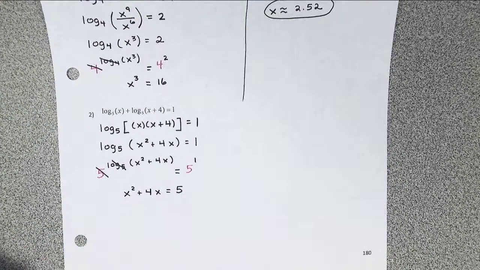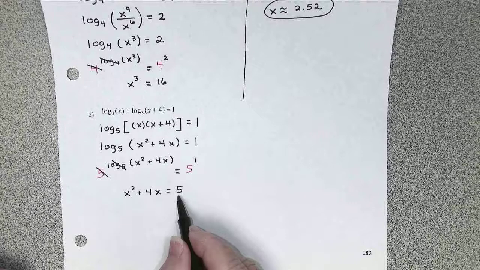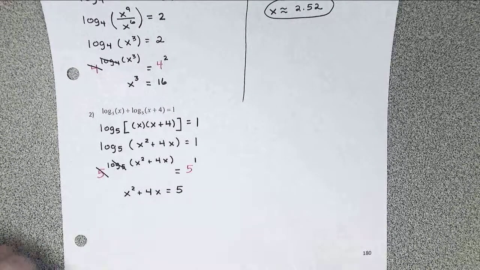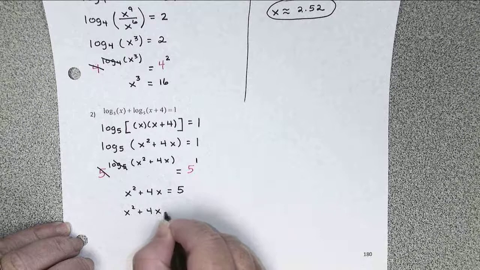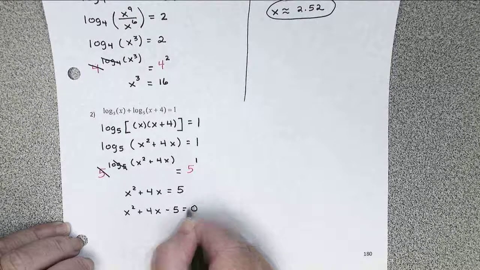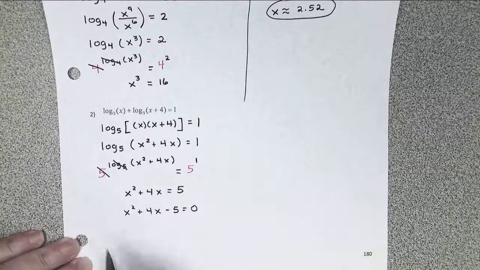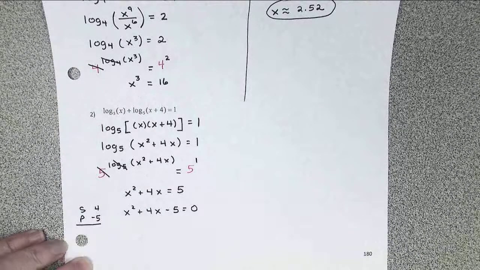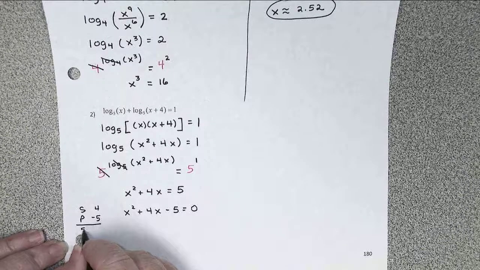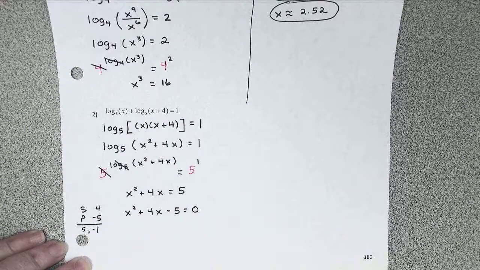This time I ended up with a quadratic, and I'm thinking I probably want to get that equal to 0. That's our typical method for solving quadratics. So let's subtract the 5. And I would be looking for a sum of 4, product of negative 5. 5 and negative 1 should do that.